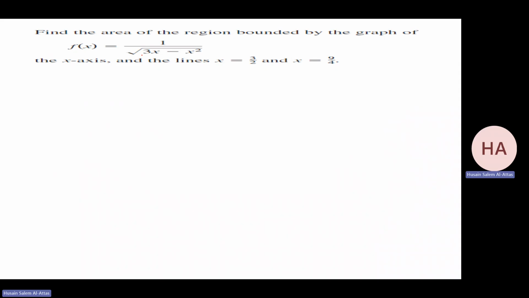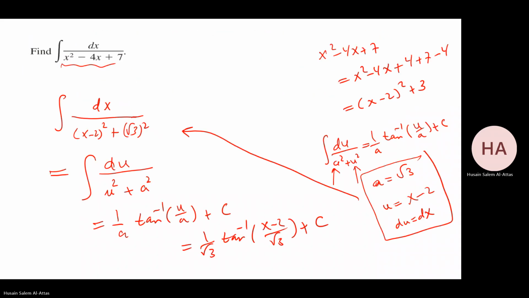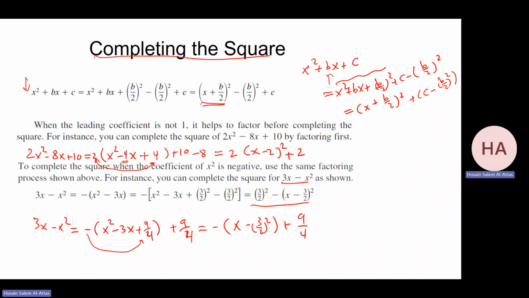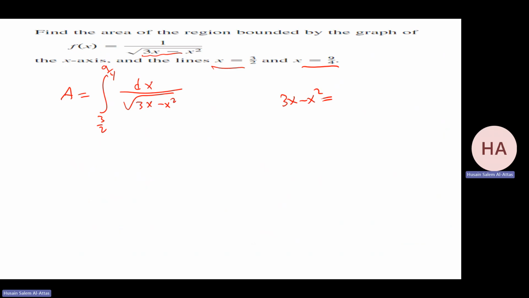Same idea for this one. I want to find the integral of this from 3 over 2 to 9 over 4. First, I know 3x minus x squared is what we did before. It is 3 over 2 squared minus x minus 3 over 2 squared.